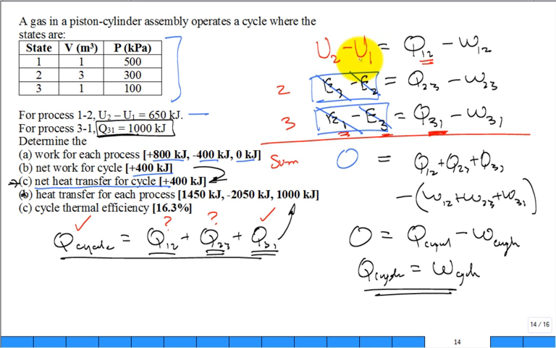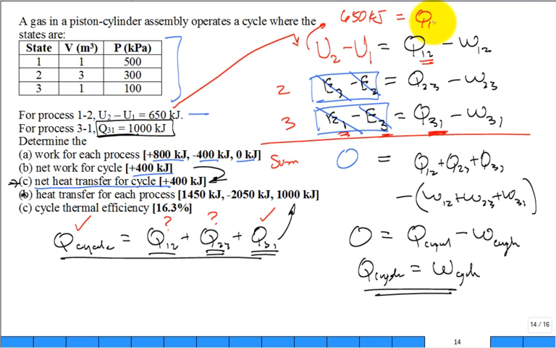Hence, the change in the total energy is simply the change in the internal energy. So it's U2 minus U1. That information they gave us, didn't they? They gave us this, I'm kind of writing backwards here, 650 kilojoules.